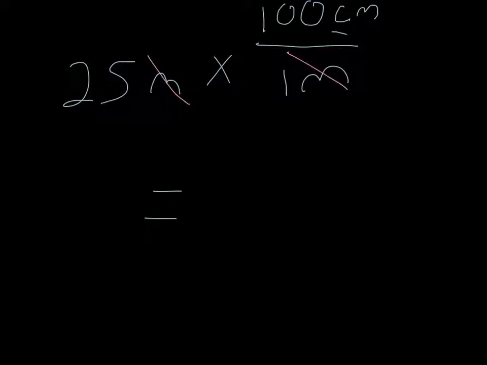The meters cancel out and you get 2,500 centimeters. That is 25 meters, sorry. There you go. Unit conversion. Not super difficult, and pretty key in stoichiometry, especially when you don't have much practice with it.